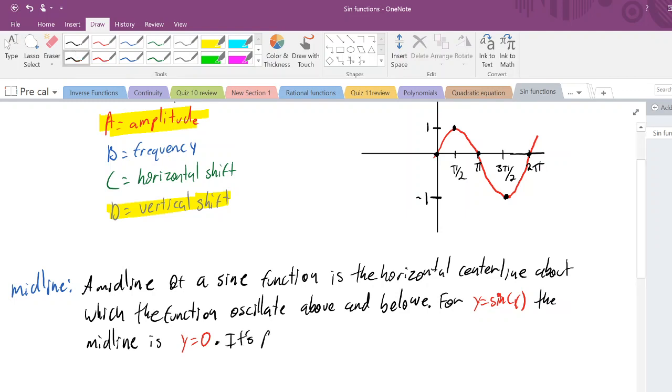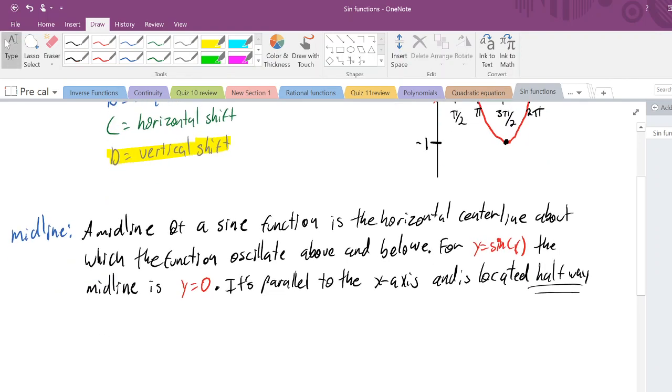The midline is parallel to the x-axis and is located halfway, this is important, halfway between the graph's max and min.